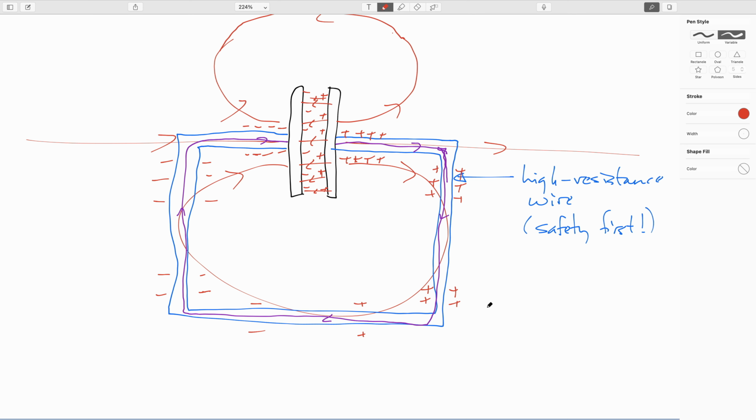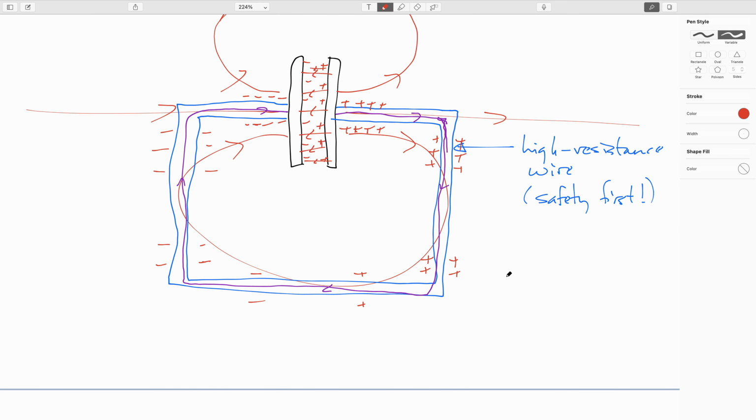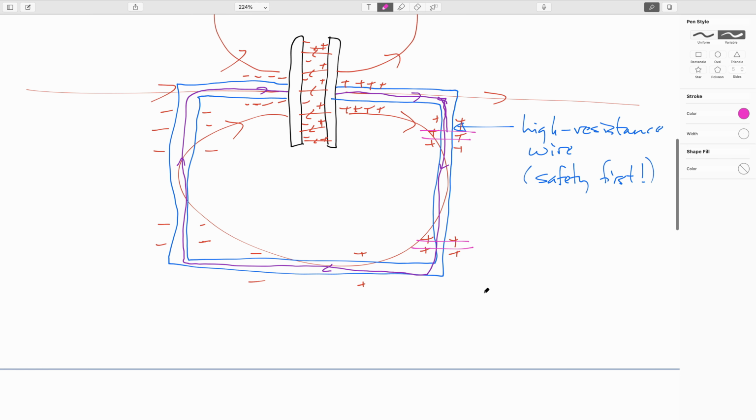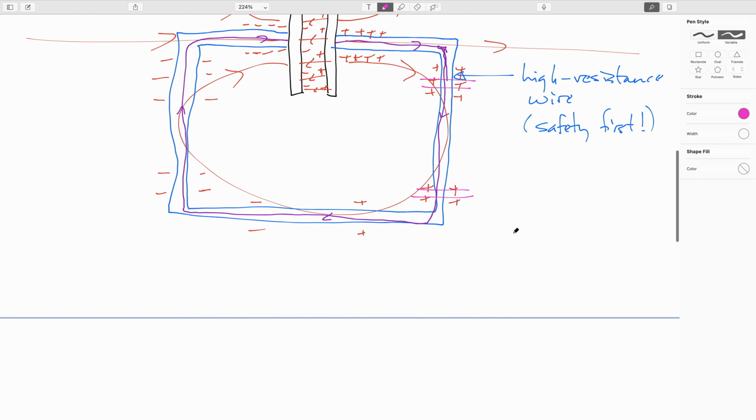So how does that help us to get an electric field everywhere? Let's look at a few different slices of this. So the first set of slices I want to look at is, say, a slice of the wire here and a slice of the wire here. So in this region, I need the electric field to be pointing down.